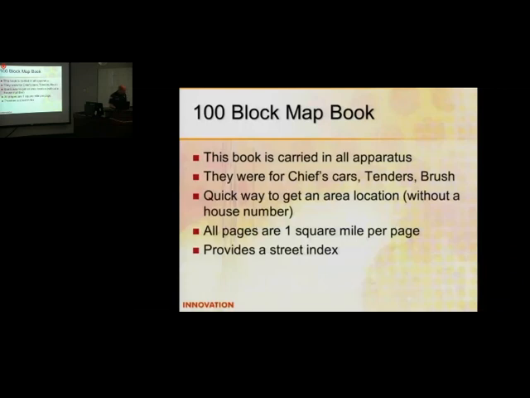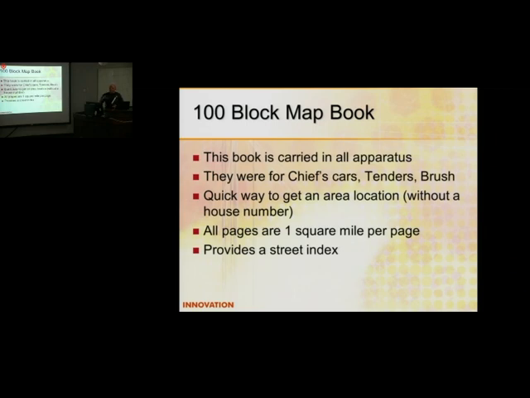Hunter's block book. These are carried on all apparatus, engines, secondary apparatus, chief cars, tenders, brush rigs. They are a quick way to locate an address without the house number in the book. Okay? Each page is 1 square mile, so there are no pages with sub-coordinates on it.